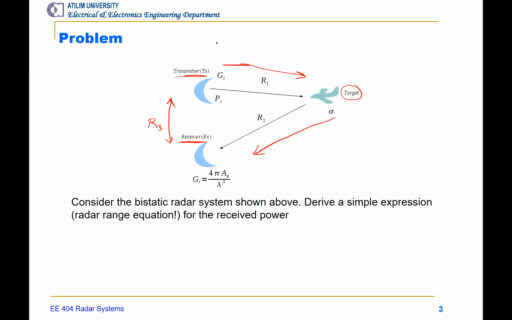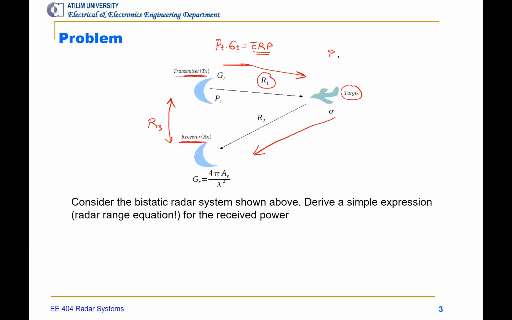Here, let's start as we did in the previous slide. We start with the transmit power times the gain of the transmitting antenna, which is the transmitted power into space. Sometimes it's called effective radiated power, ERP. This travels by R1 and hits the target.